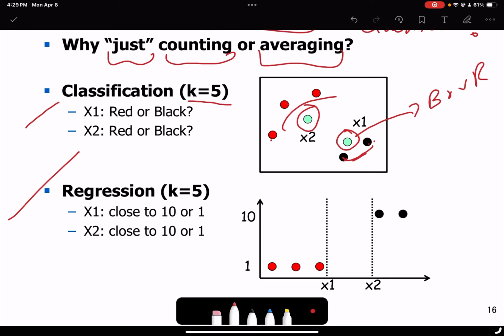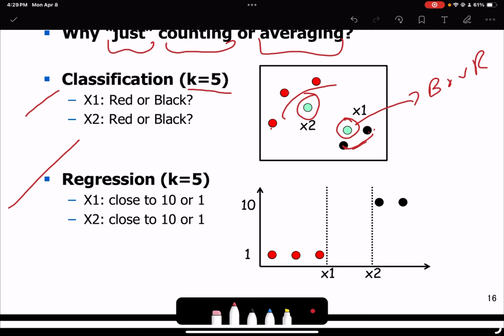In the case of the regression type problem that we have here, we have two values, 1 and 10, and we have to determine the regression value for x1 and x2. If we consider 5 neighbors, where does x1 belong?